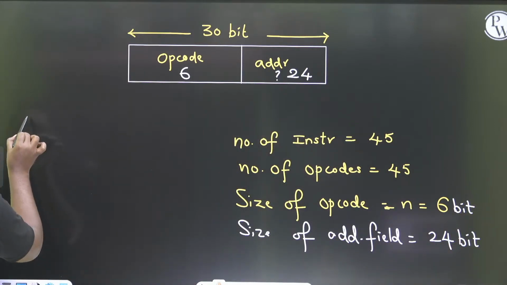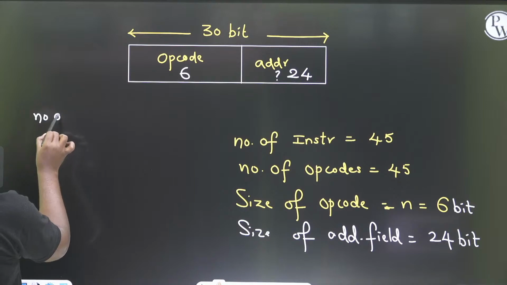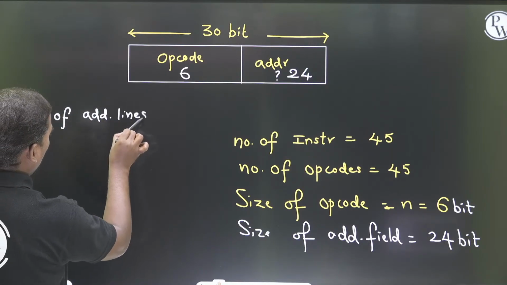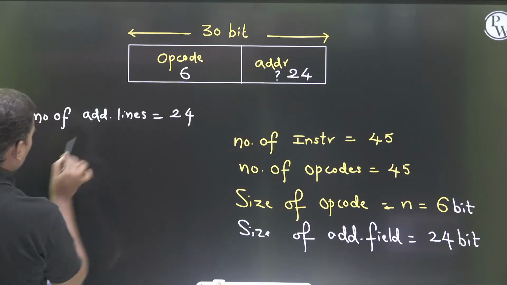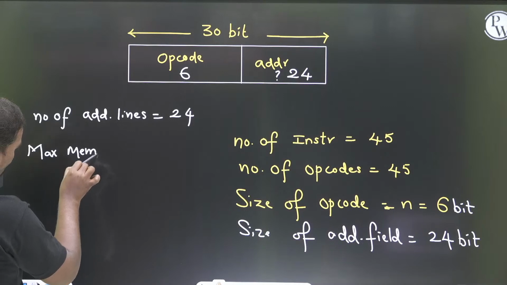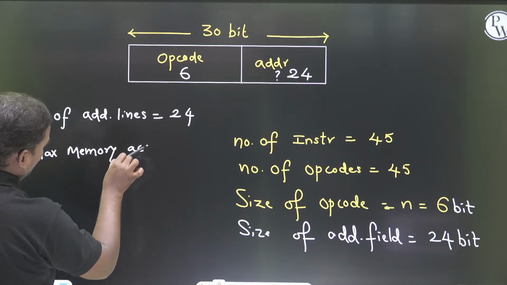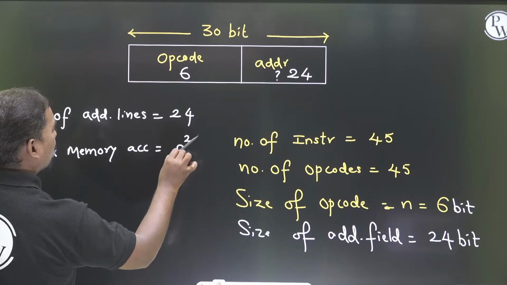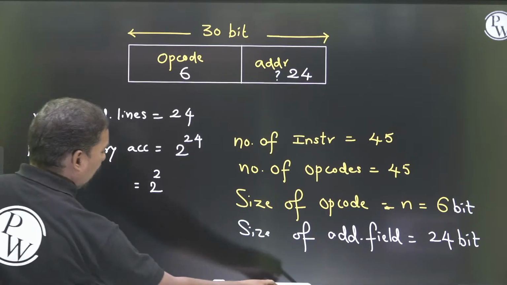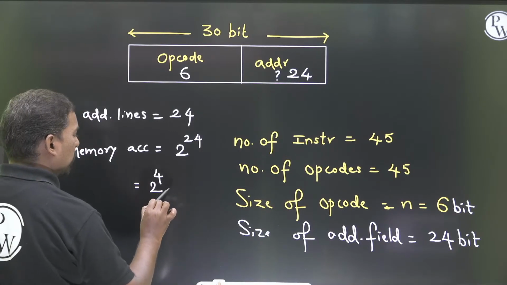So the number of address lines is 24. Then the maximum memory accessible will be 2 power 24. How can I write 2 power 24? As 2 power 4 into 2 power 20.